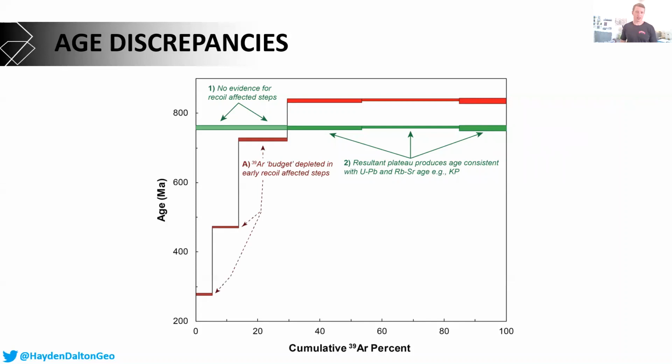But in the other cases, we suspect that the 39 argon budget is depleted in these early steps due to recoil, which means your subsequent steps have elevated 40/39 argon ratios, which results in these apparently old plateau ages, older than the total gas age, rubidium strontium age, and the uranium lead perovskite age. So that's what we think it could be.